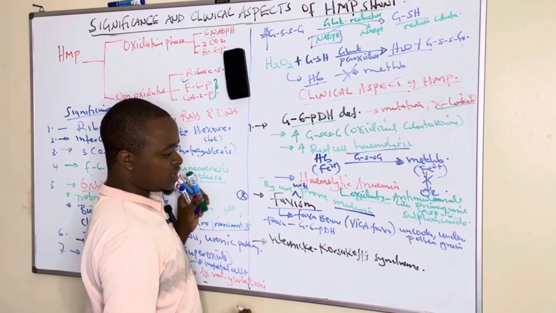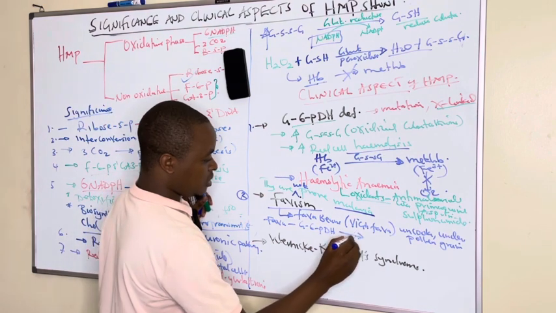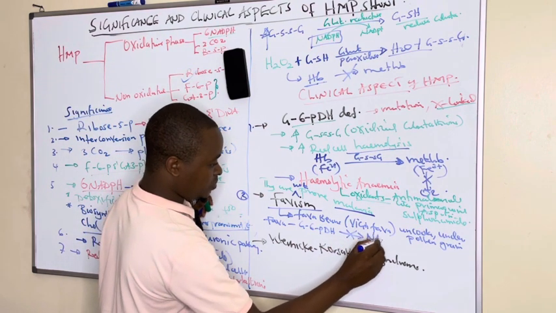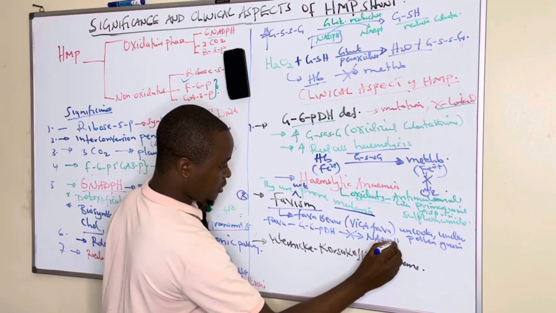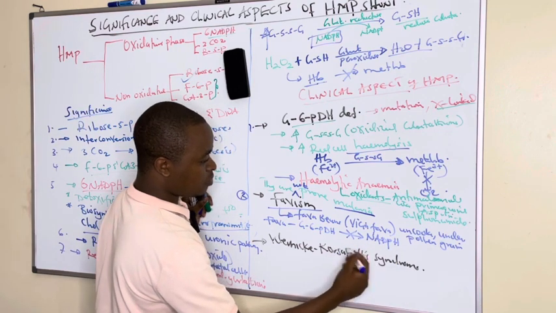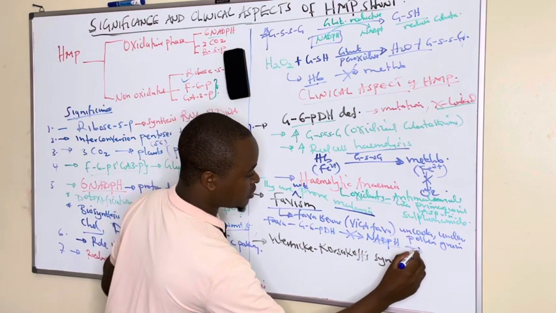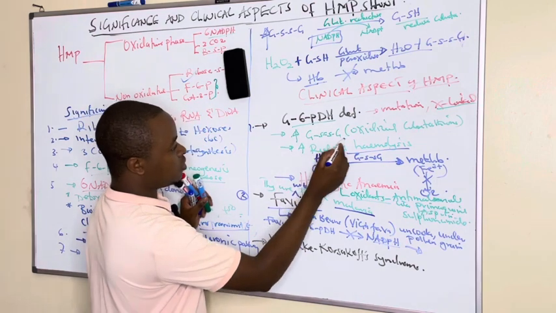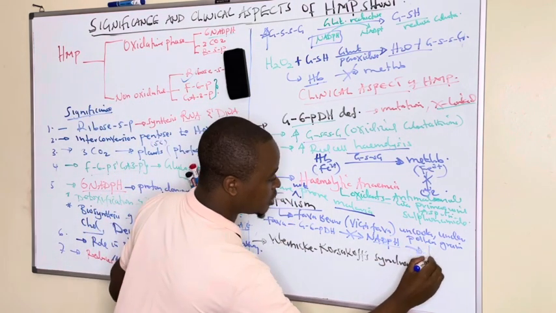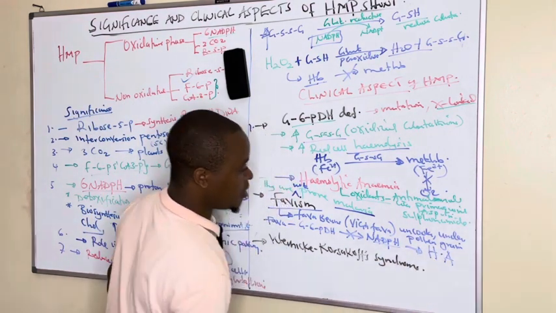After inhibiting it, there is no production of NADPH, and no production of NADPH results into accumulation of oxidized glutathione, leading to hemolytic anemia.